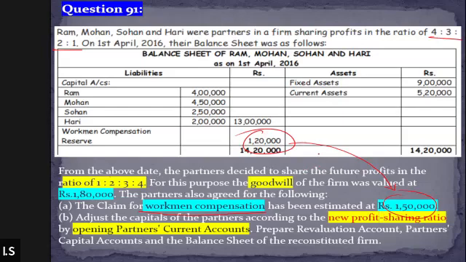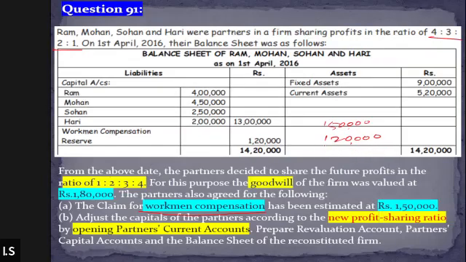Got it, everyone? That simply means if the amount of claim is exceeding the amount of reserve, then the excess amount needs to be contributed by partners. Yes, sir. So if we have a reserve of 1,20,000 but the claim is 1,50,000, the claim is more than the reserve we have made.